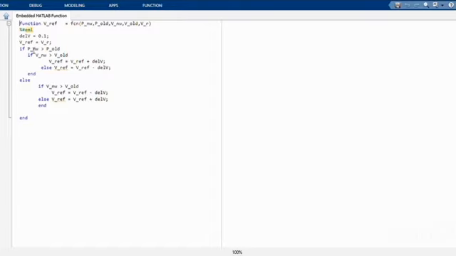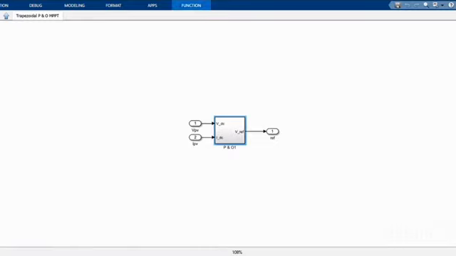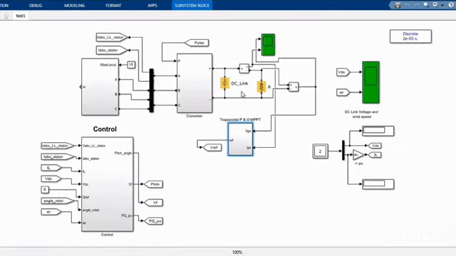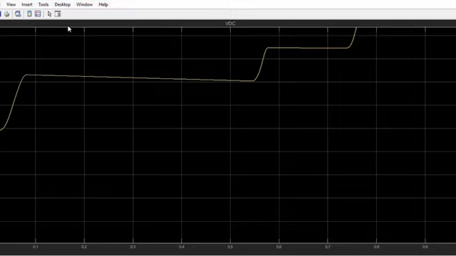Then the change in DC power is calculated by subtracting the previous value from the present value of DC power, whereas the change in DC voltage is found by subtracting the previous value from the present value of voltage. We have also attached an individual scope so that we can display the instant output of that system. After the simulation, we see the graph of voltage versus time in seconds, and after modeling we compared our result with the reference research paper.